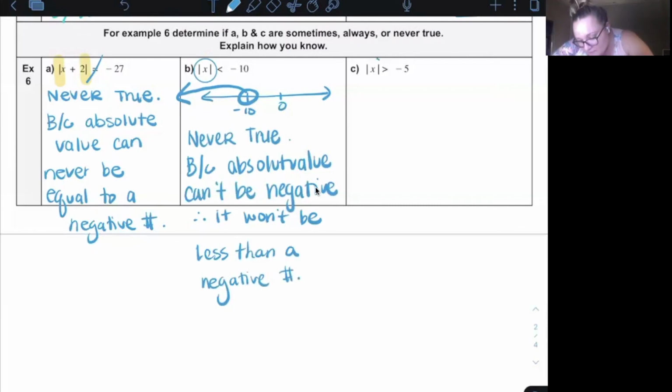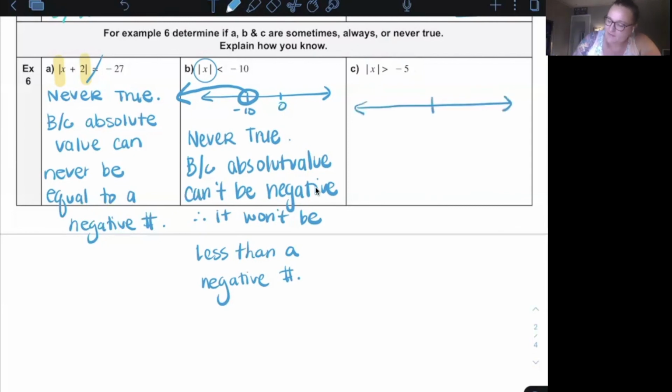Now, what about the absolute value of x being greater than a negative? Well, the absolute value of x greater than a negative, let me think about what that means on a number line.